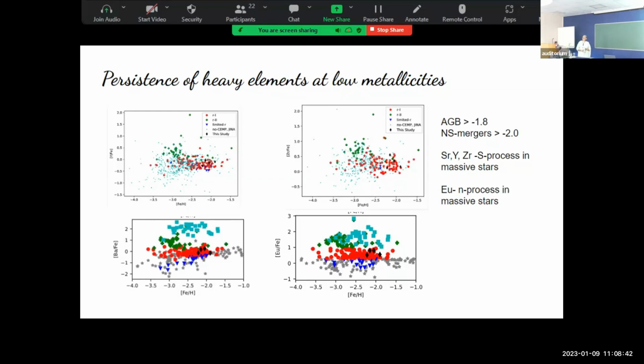But we know the time scale. So based on the time scale, we expect only AGBs would contribute to polluting the ISM at minus 1.8 or above. Similarly, neutron star mergers also contribute around minus 2. But we see plenty of stars which are enriched in these heavy elements at much lower metallicity. So we don't know yet how these elements are produced.